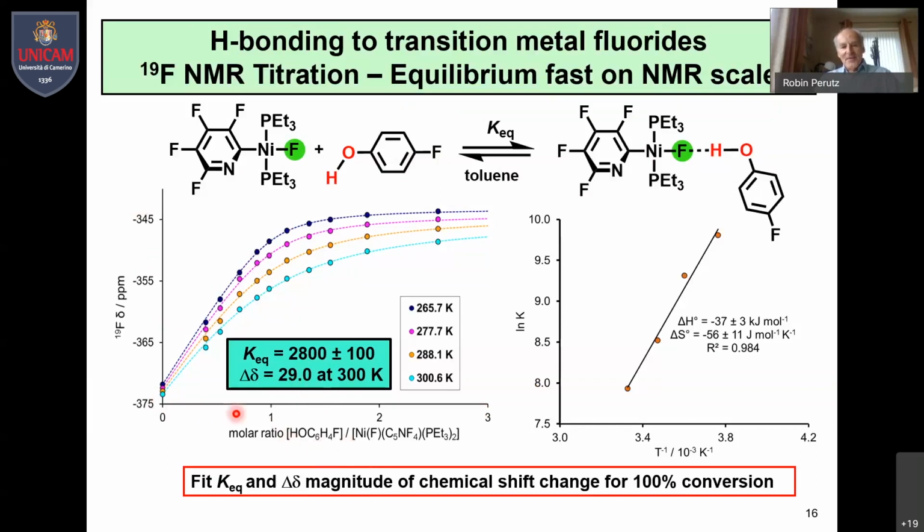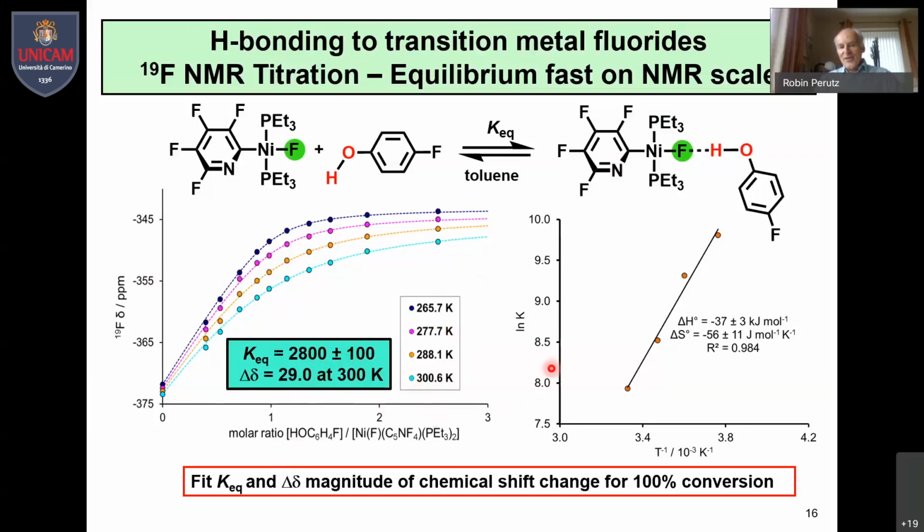And the lower curve is room temperature, 300 K. As we cool, the interaction moves the equilibrium to the right, and so we get bigger shifts. So we fit these curves, and at room temperature, we find the equilibrium constant here is 2,800 plus or minus 100, and the chemical shift for full conversion would be 29 ppm.